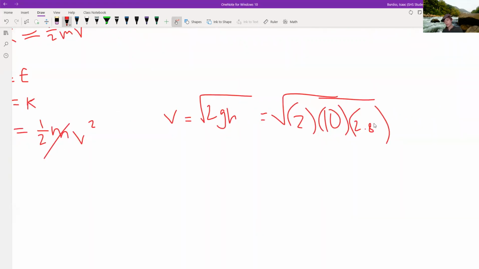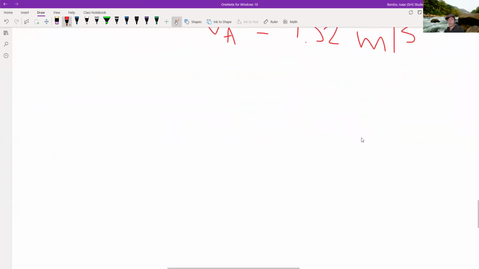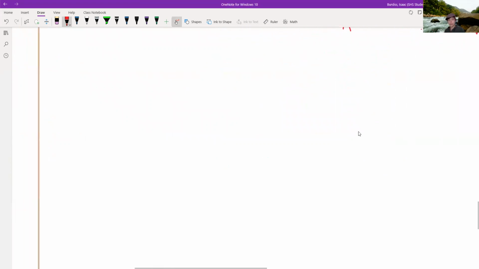And when you plug that in, the velocity of A at the bottom is 7.52 meters per second. But that is not the speed at which they collide. That's just the speed it gets at the bottom. What do we use for collisions? We use the momentum theorem. And we know that initial momentum equals final momentum.